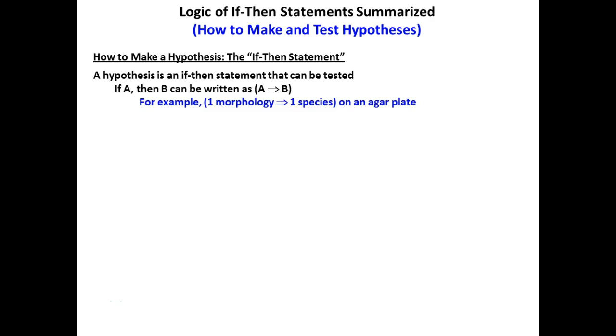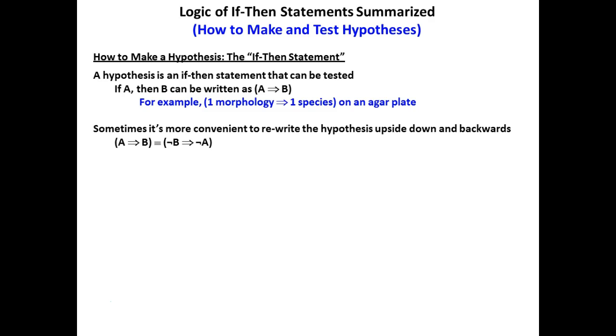No, right? Because we have seen that you can have the same morphology and be two different organisms, right? So it's not always going to be different. Another way you can look at it is backwards or upside down.